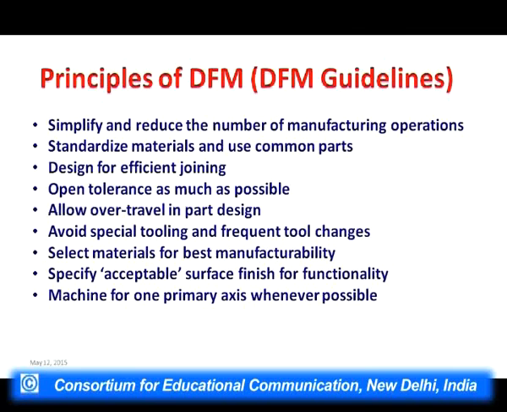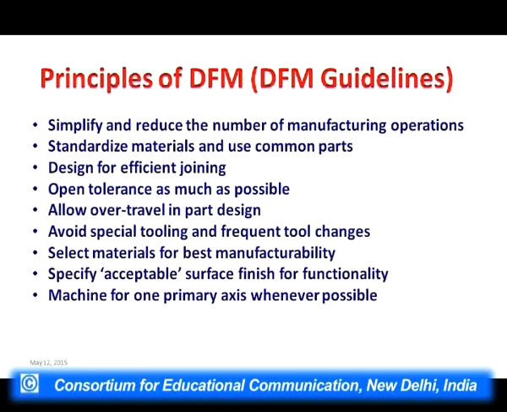Open tolerance as far as possible. Strict tolerance etc. must be avoided, and open tolerance must be mentioned on the manufacturing parts. Allow over travel in part design, because in the operations the tools over travel also. We have to give margin for over travel.